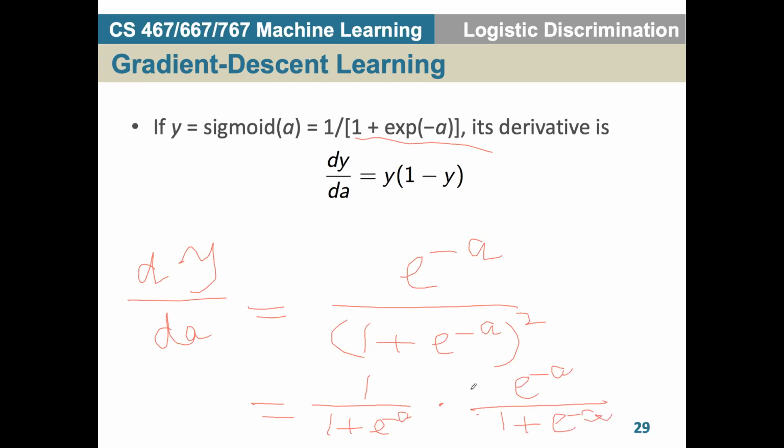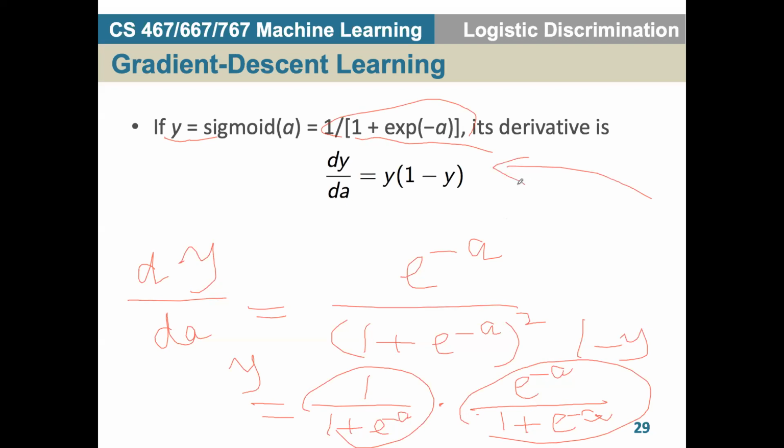If you sum these two, it's equal to 1. So the first is y and the second is 1 minus y. That's why we have this.